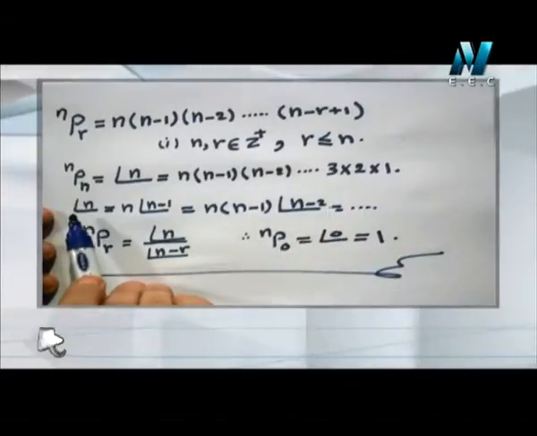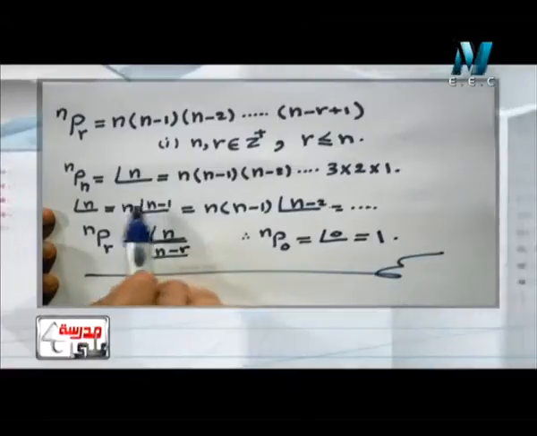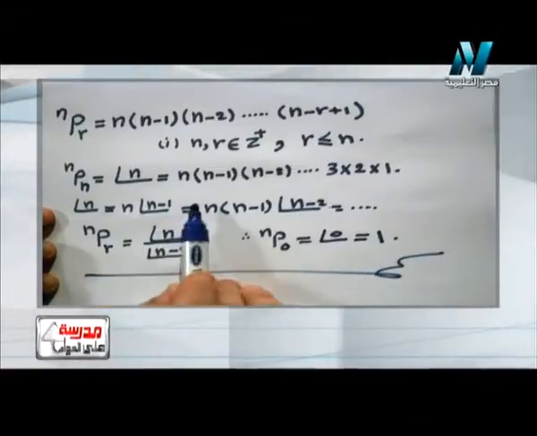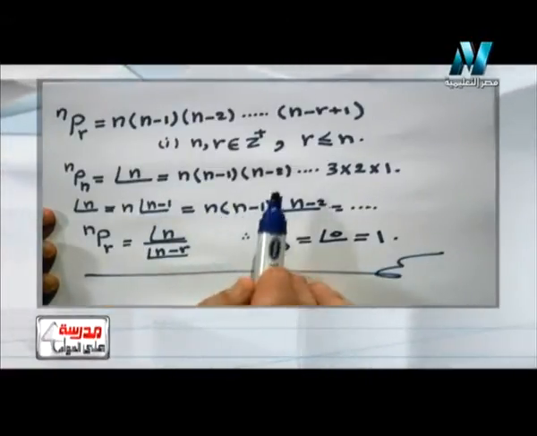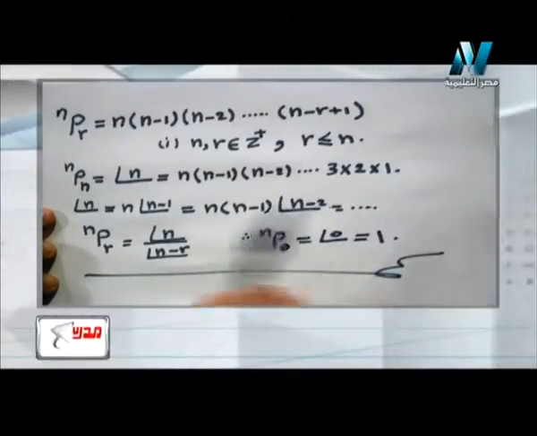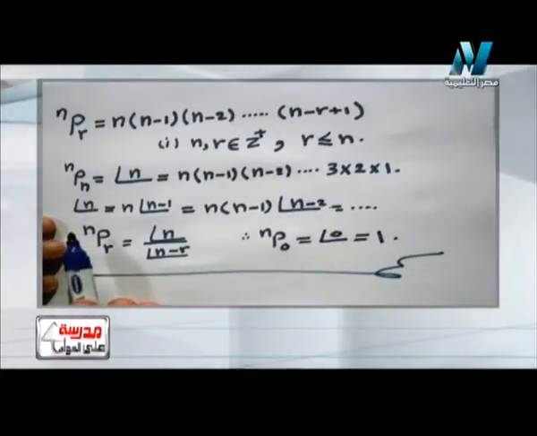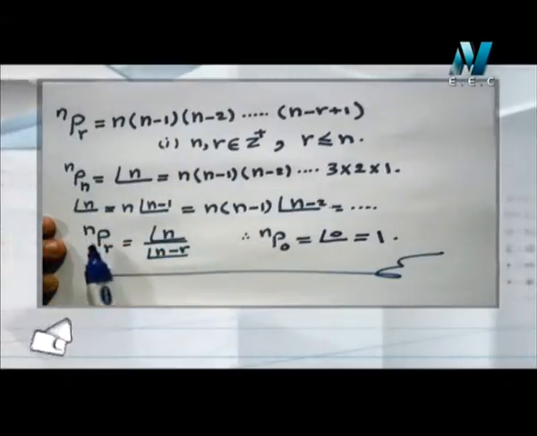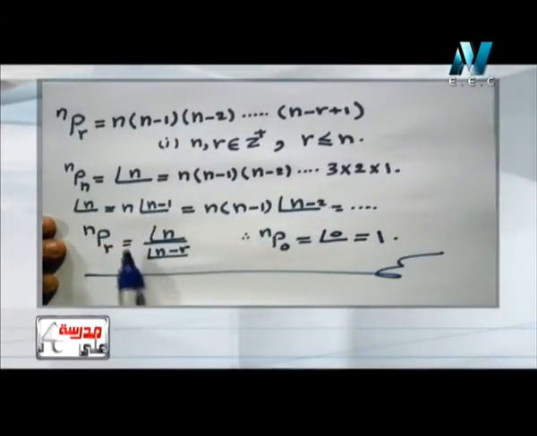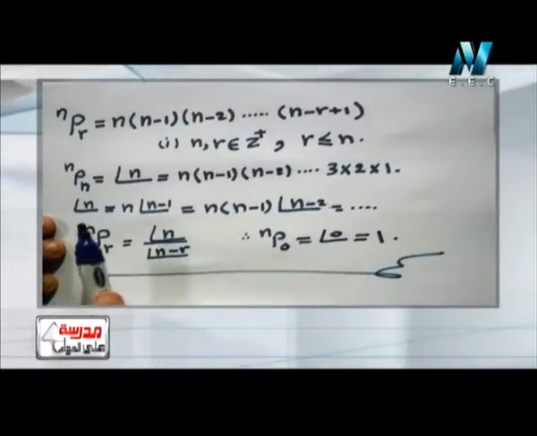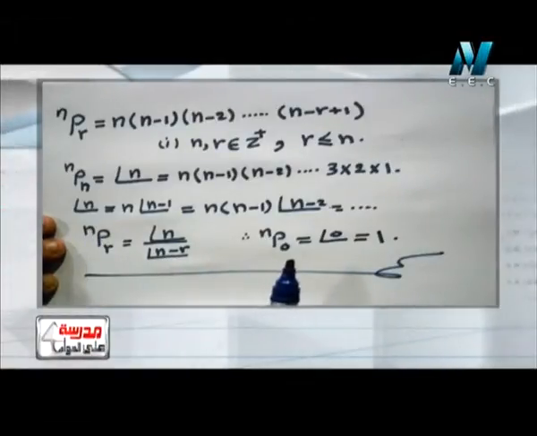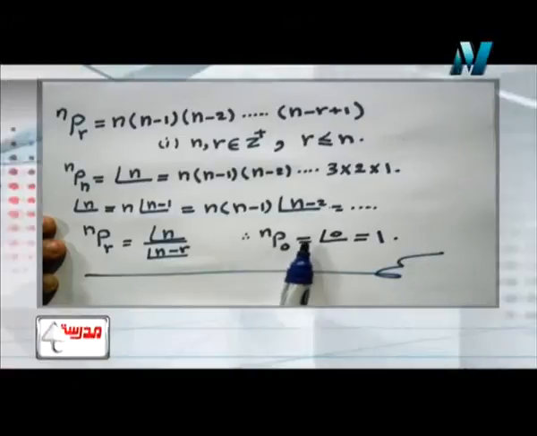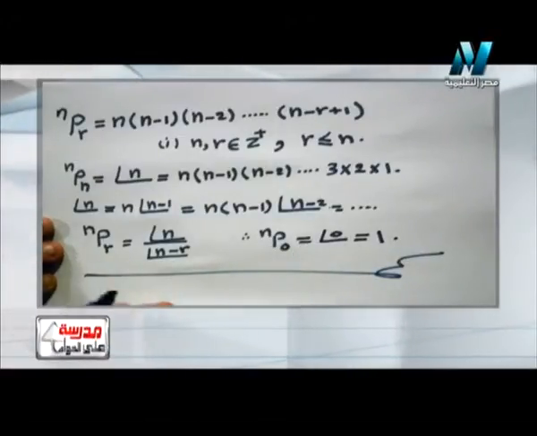Factorial n is equal to n factorial n minus 1, or n multiply n minus 1 factorial n minus 2, and so on. And the relation between permutation and factorial is nPr equals factorial n over factorial n minus r. As a result, nP0 equals factorial 0 equals 1.